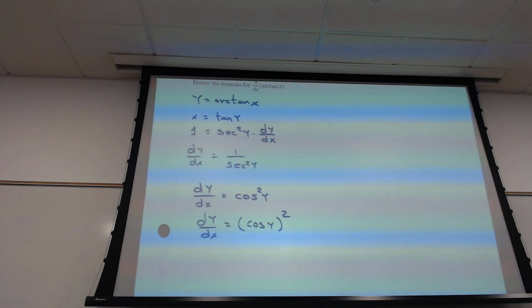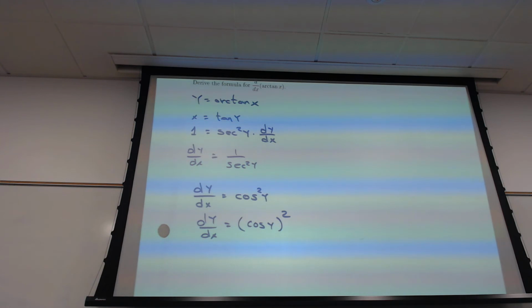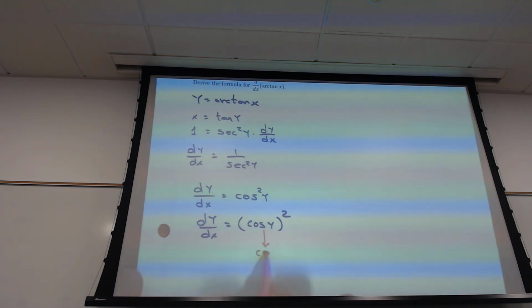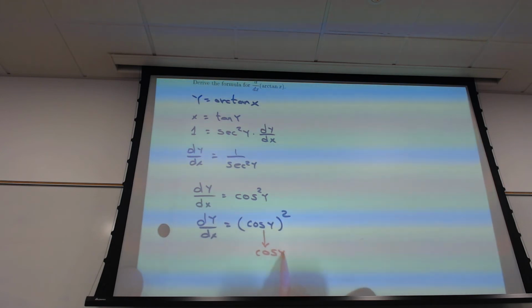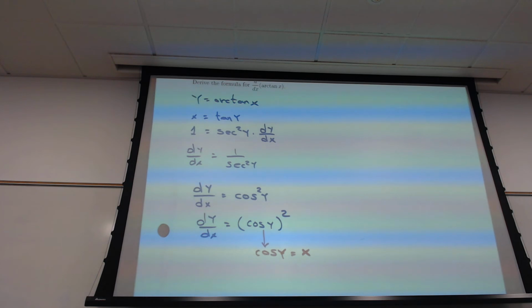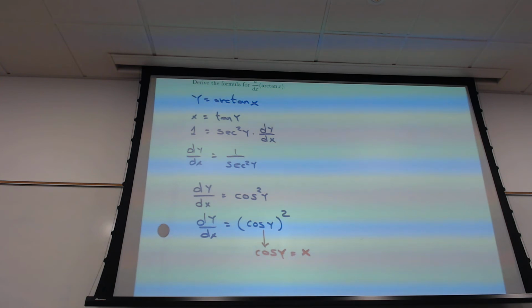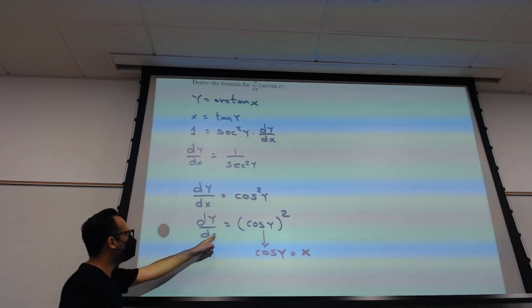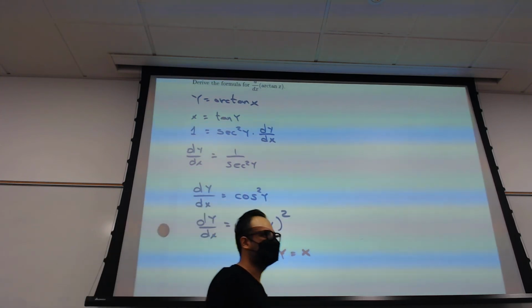So in this case, let's set cosine y equal to x. And we're going to use the same triangle situation to rewrite that expression, turning trigonometric functions and functions of y into functions of x, because again, the derivative that we want has to be in terms of x, and this is not in terms of x yet.